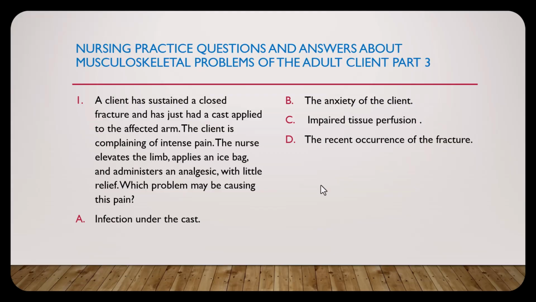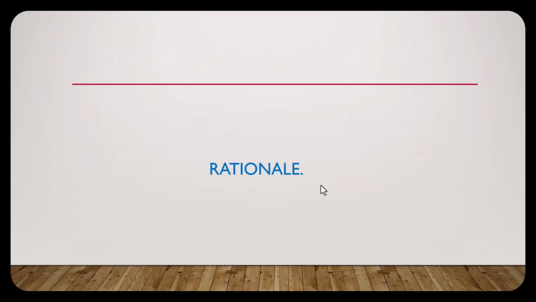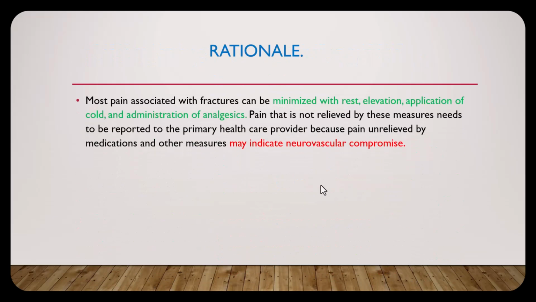Now, for this question, the correct answer is option C, impaired tissue perfusion. Now, let's move to the rationale. Most pain associated with fractures can be minimized with rest, elevation, application of cold, and administration of analgesics.